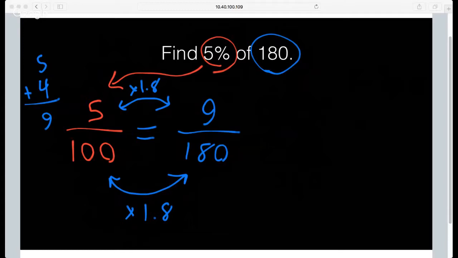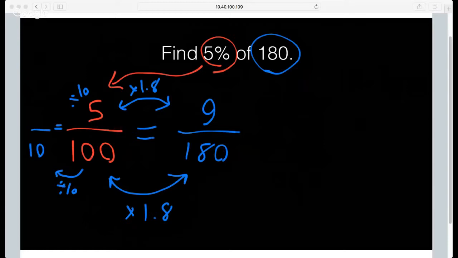Moving this to 10 means we divide by 10. And so we would do the same with this. We divide by 10. 5 divided by 10 is going to be, every time we divide something by 10, you move that digit one place to the right. So 5 divided by 10 is 0.5.